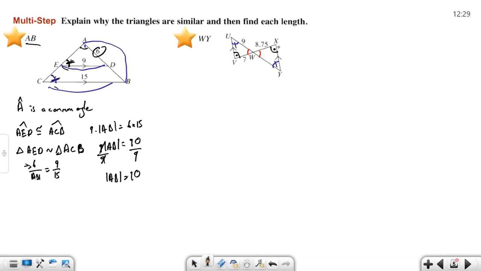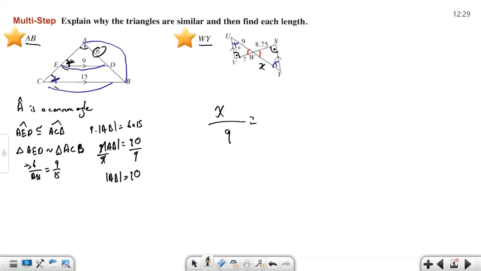So what is the question? WX. WY. The question is asking what the length of WY is. Let's say this is X. So opposite of that angle, this is X, over the congruent angle here, and opposite of this congruent angle, the length is 9.